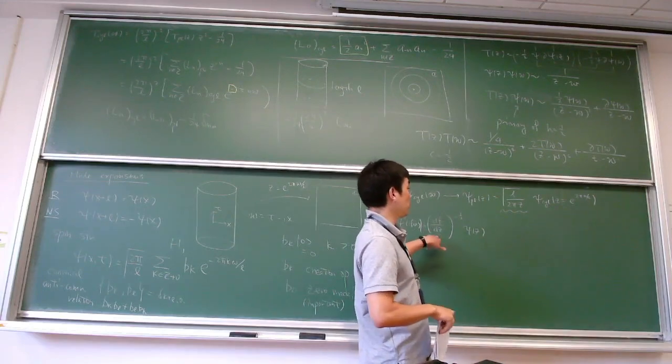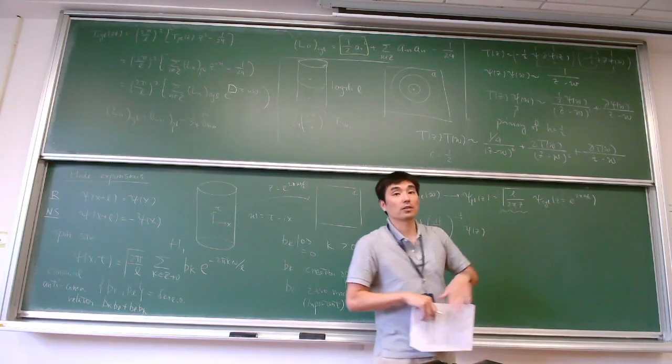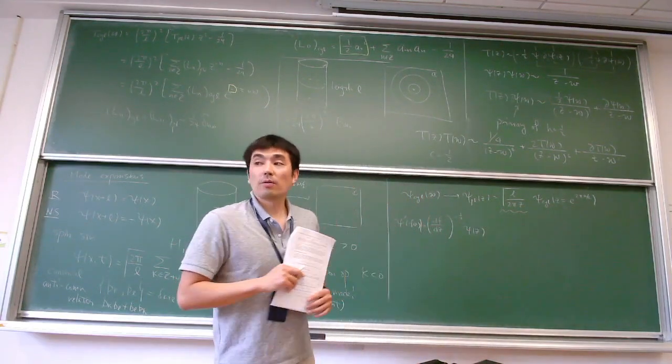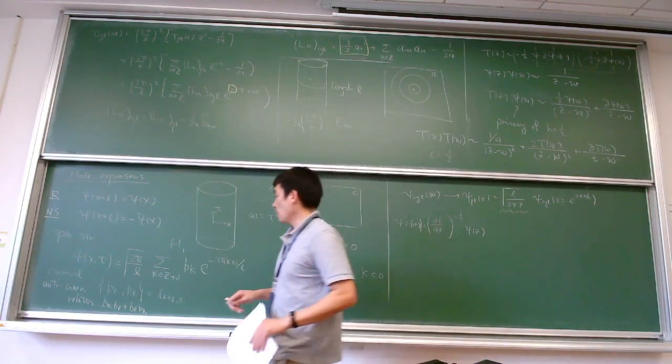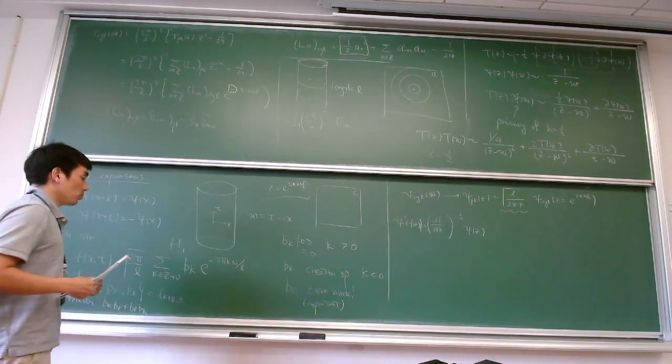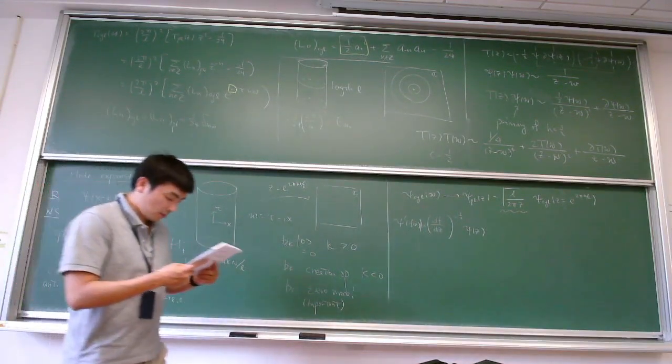Therefore, this factor will give rise to this prefactor, so we have the square root of 1 over z here. So now the mode expansion will become slightly different.